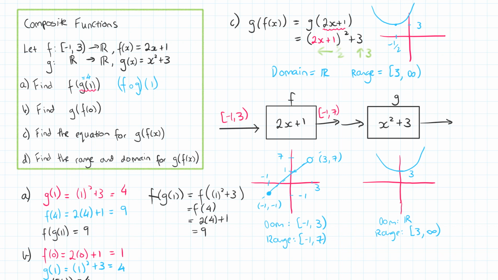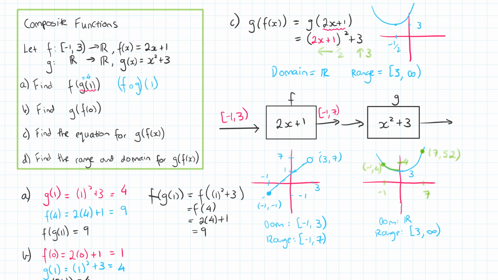So if x equals -1, the corresponding y value, we substitute in -1. -1 squared is 1 plus 3 is 4. Let's send in 7. So when x equals 7, we have 7 squared plus 3, which is 52.